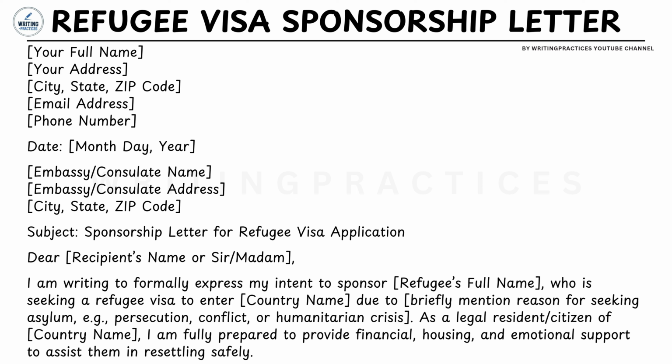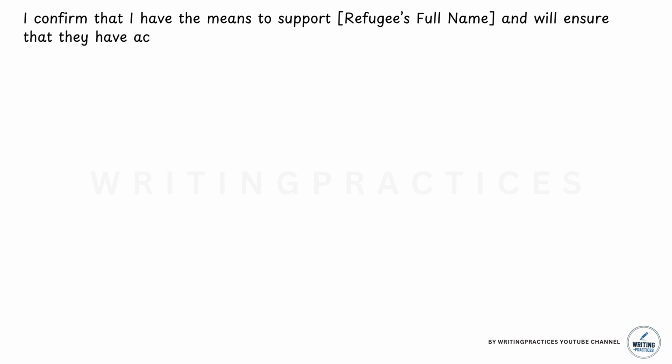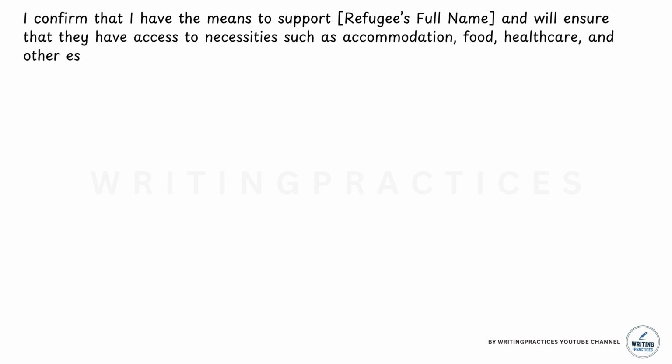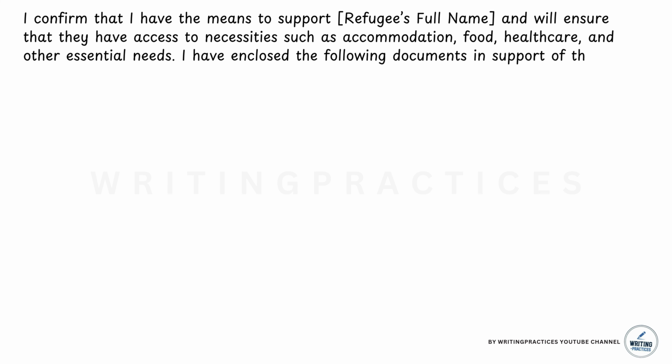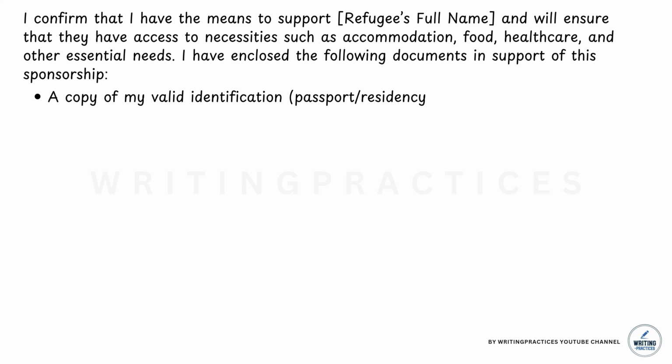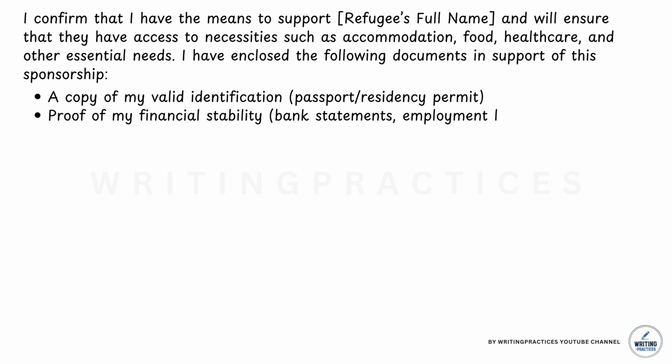Explaining your ability to support the refugee. In the next section, you should explain the specific ways you will support the refugee. This is important because immigration authorities want to ensure that the applicant will not become financially dependent on the government. Clearly state that you will provide financial assistance, housing and daily necessities, access to healthcare and other essential needs.